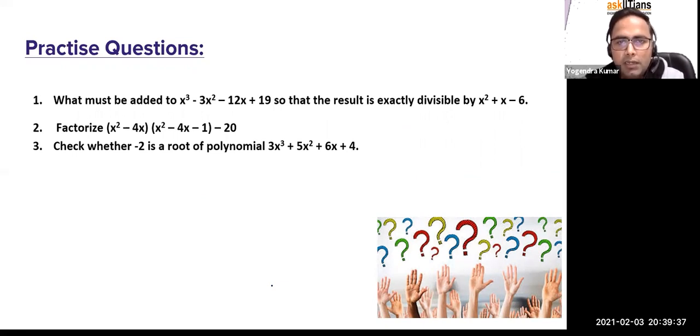What must be added? Okay, this is a really good question. What must be added so that the result is exactly divisible by x square plus x minus 6, right? So what should we add to this? The result is exactly divisible by this expression.